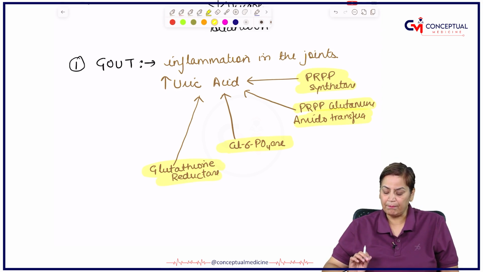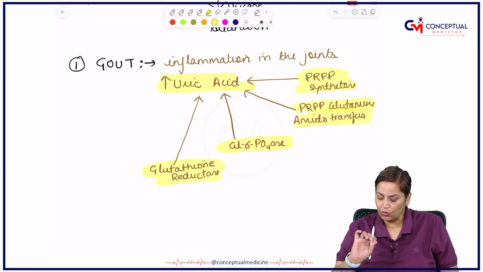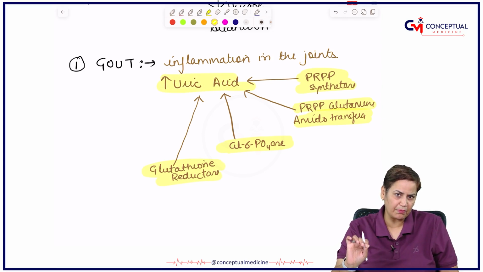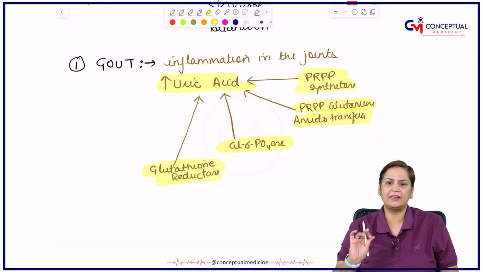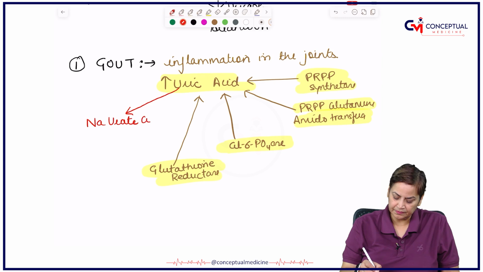These are the major reasons which can lead to hyperuricemia, and the most important point which we have to remember in hyperuricemia is the deposition of sodium urate crystals, which are known as tophi. So increased concentration of uric acid leads to the formation of sodium urate crystals, which are known as tophi.